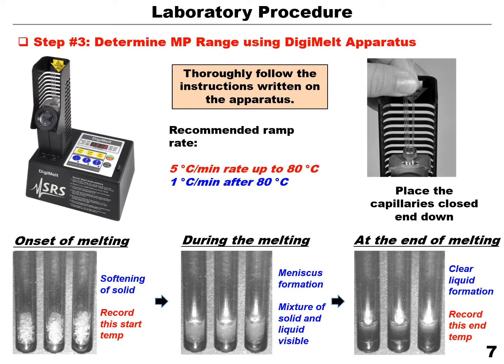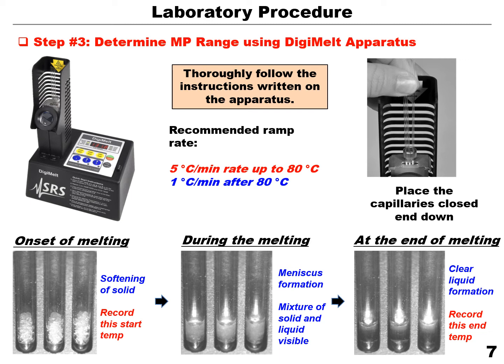So what happens is, when you measure the melting point, you have to record the melting point in ranges. The time to record the first range is when you see the sample shrink or diminish, or in some cases you may also see the sample getting wet, or a drop.